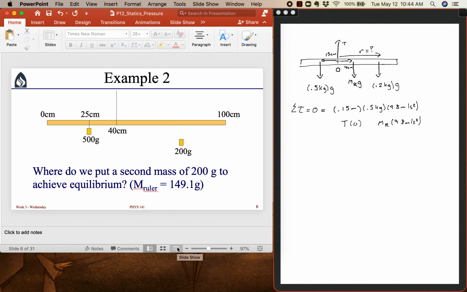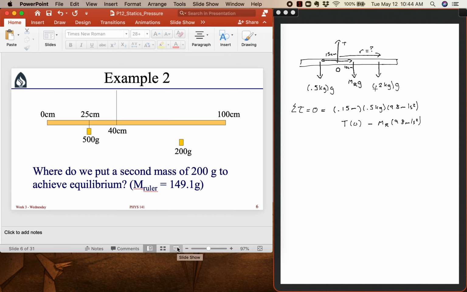Well, if we imagine holding the ruler here and pulling down with just this force, this end of the ruler would swing this way, this end would swing upward, and so that represents a clockwise motion of the ruler, so this is going to be a negative torque. And you'll notice too that I'm not putting in the sine of an angle, because these are all right angle moment arm to force vectors, and so the sine of 90 degrees for all of these is going to be equal to 1.